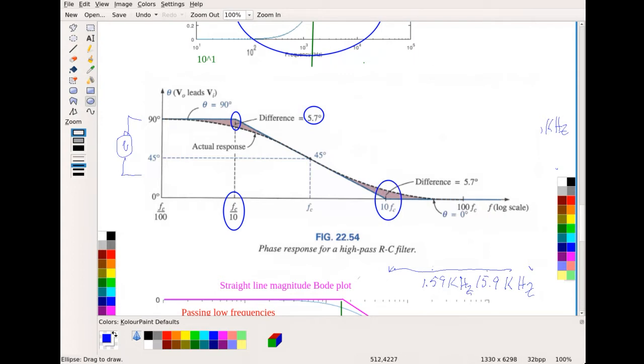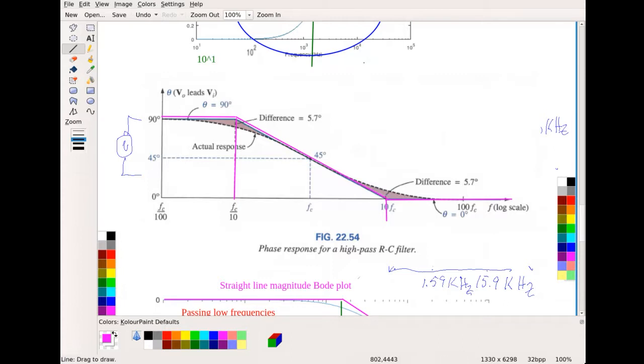Okay, so what you do is you draw the phase angles. To draw the phase angles, I would just come along here and draw a straight line to a decade below the cutoff frequency, and a straight line to 10 times that frequency, and then a straight line connecting those two.